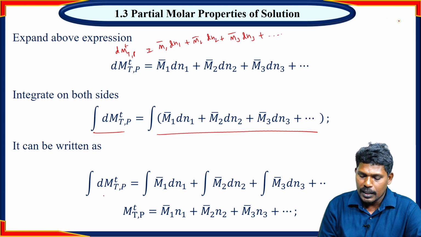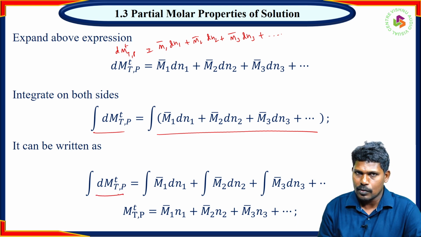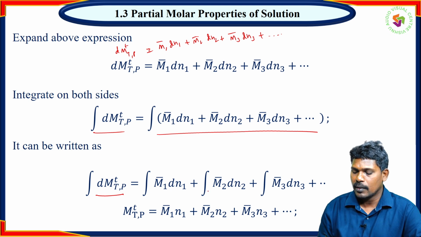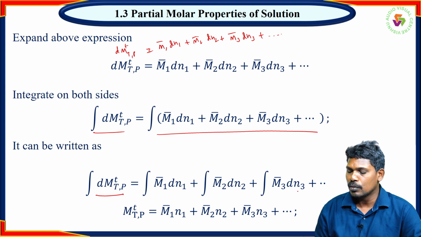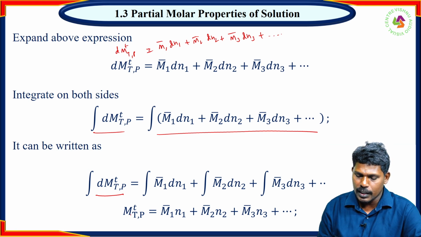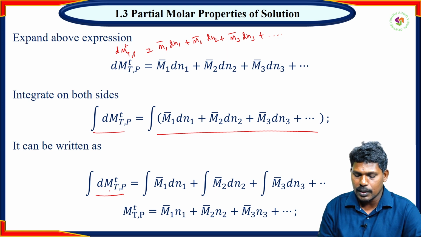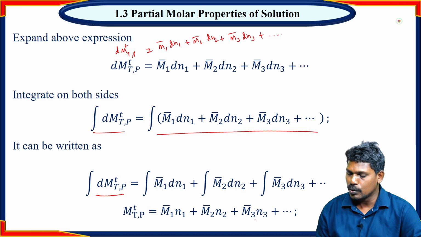So the integration of dMt at constant temperature and pressure equals the integration of M̄1 dN1 plus the integration of M̄2 dN2 plus the integration of M̄3 dN3, and so on. When you integrate the derivative of something, we get Mt at constant temperature and pressure equal to M̄1 N1 plus M̄2 N2 plus M̄3 N3.